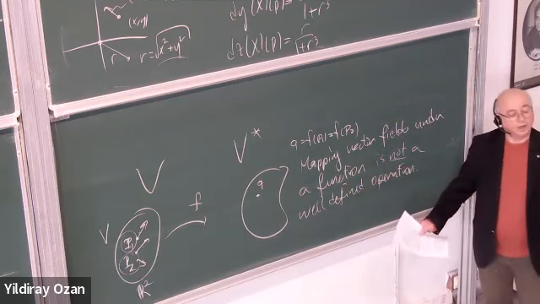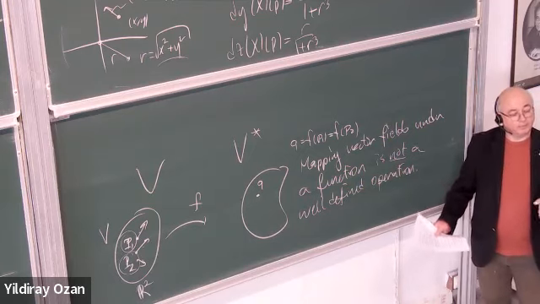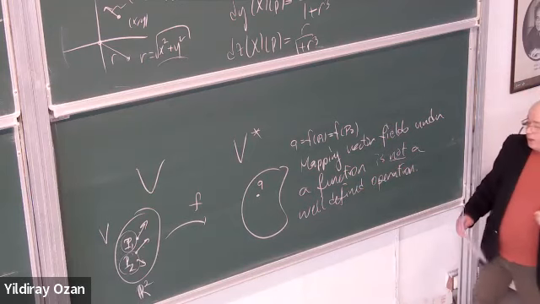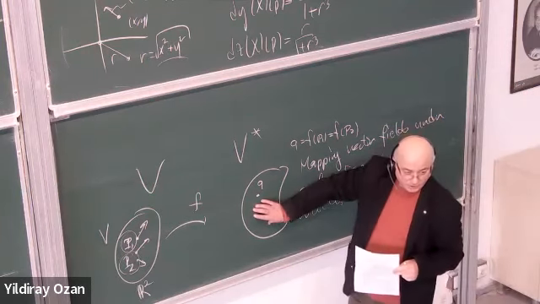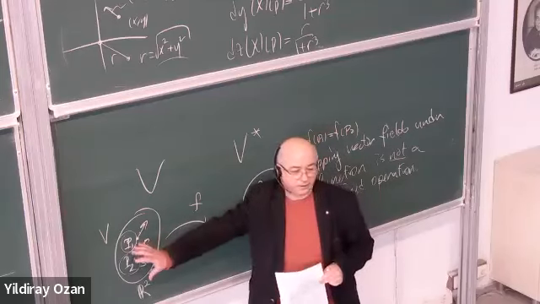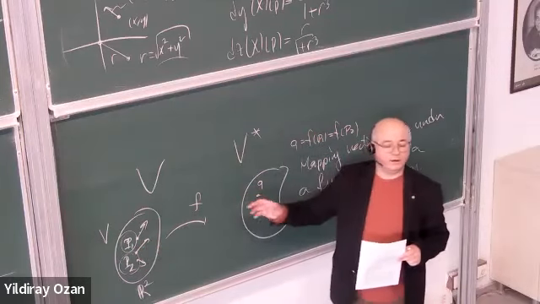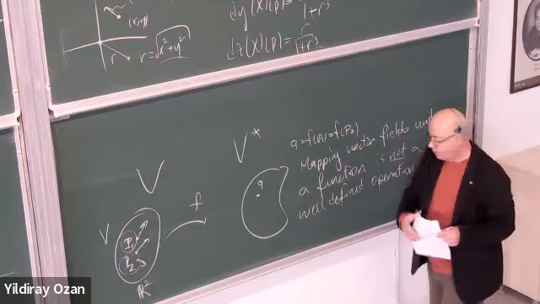However, you can pull back one forms. If you have a one form here, you can pull it back. There is no problem with that. So they behave under functions very well.